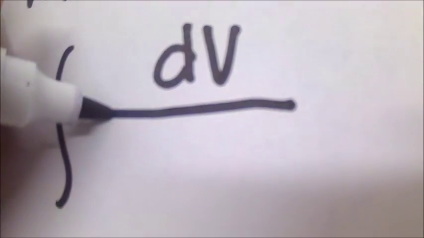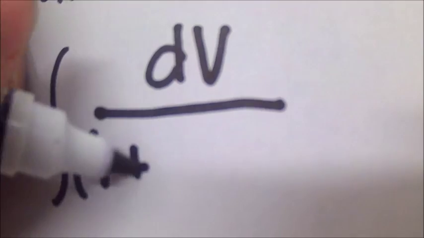So integrating, we have dV over 1 plus epsilon A times V naught minus V equals k dt.